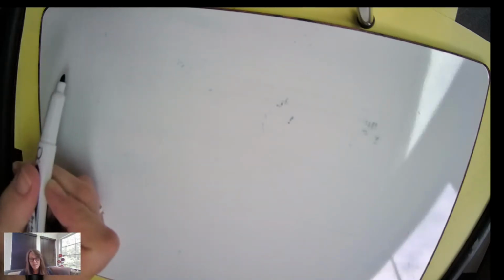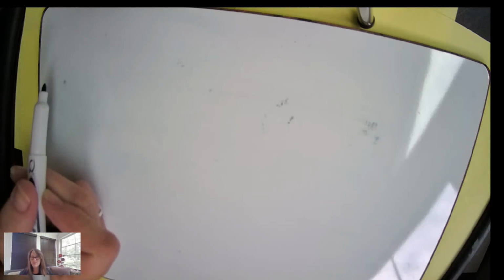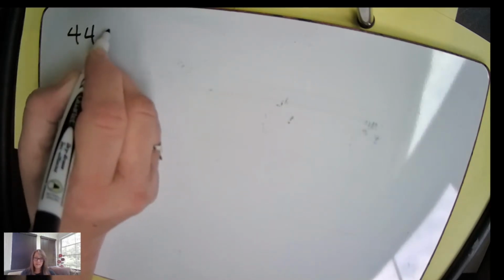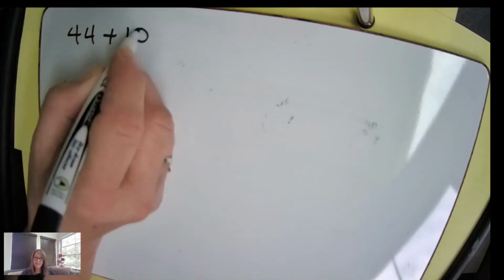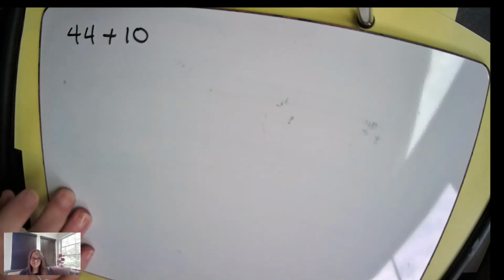Okay, are we ready? I'm going to write an expression here, and I want you to think about what you think the answer to this problem might be. The first problem is 44 plus 10. Have you thought of an answer?